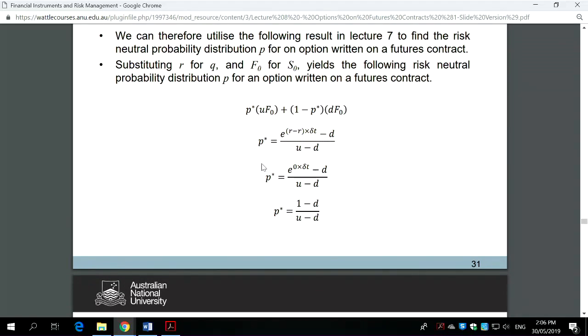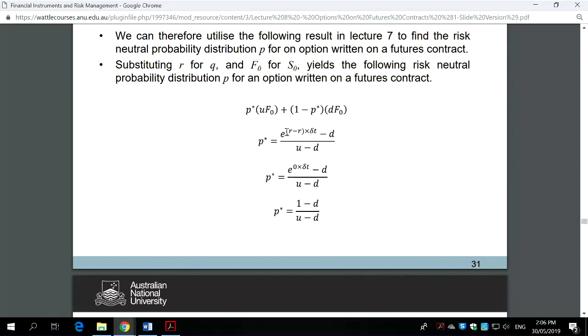Remember, as I mentioned earlier, if you're holding a futures contract, you have a margin account, and the cash balance in your margin account is earning the risk-free rate every single day. That's equivalent to holding an asset that provides an income yield equal to the risk-free rate R. We also remove the income yield from the risk-free rate, and it just so happens that the income yield is also equal to the risk-free rate.